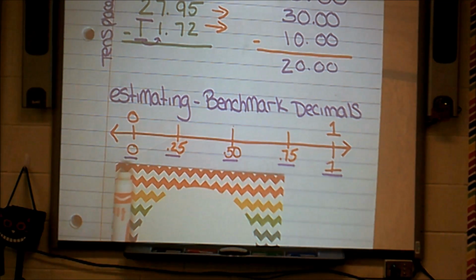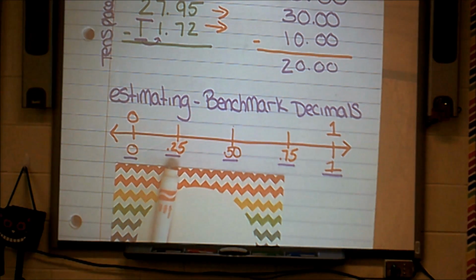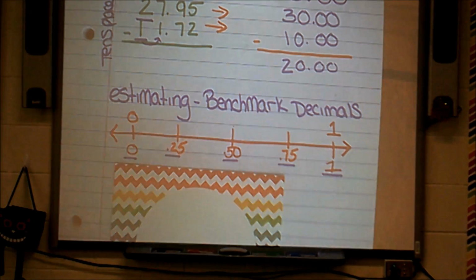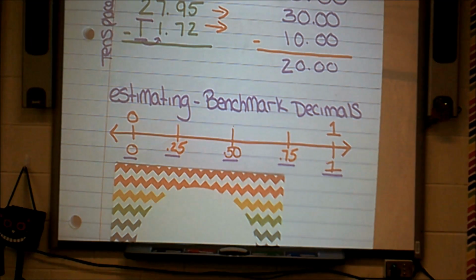I can either round to a 0, 25 hundredths, 50 hundredths, 75 hundredths, or 1 whole. Those are our benchmark decimals. So when you have a decimal and it asks you to round to your benchmark, you're going to look at it and say, what is my number closest to? Is it closest to 0? Is it closest to 25 hundredths? Is it closest to 50 hundredths? Or is it closest to 75 hundredths or a whole dollar?